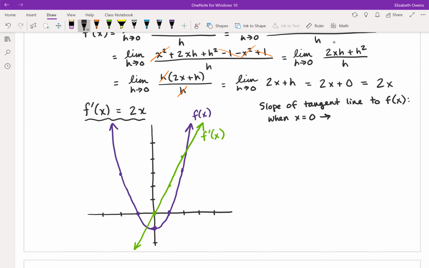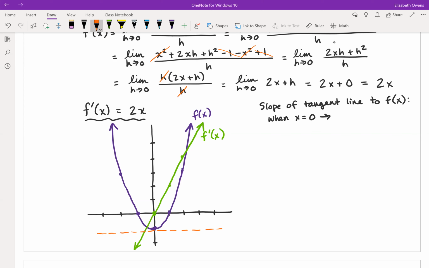We want to find the slope of the tangent line to our purple parabola there when x equals 0. And let me just draw that tangent line in really quickly. That would be looking at this point right here on the purple parabola. And we want to come in tangent to that point. That would look like this.